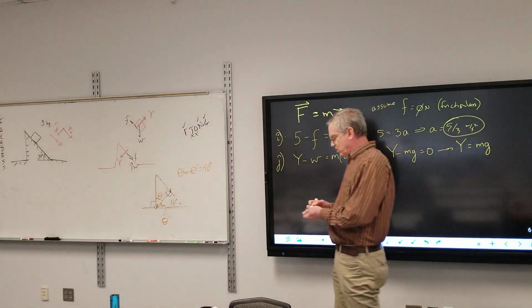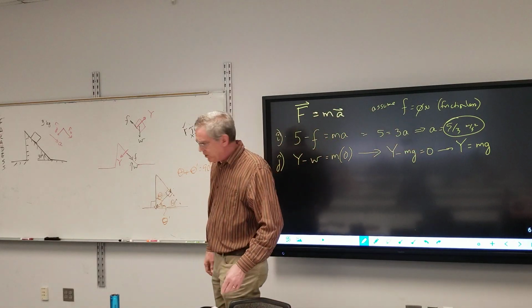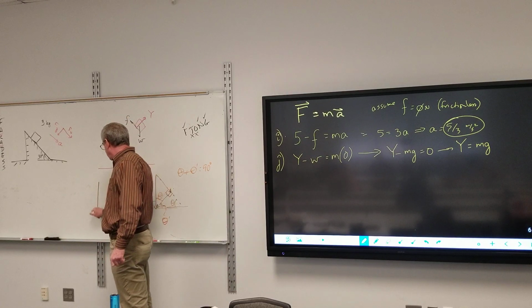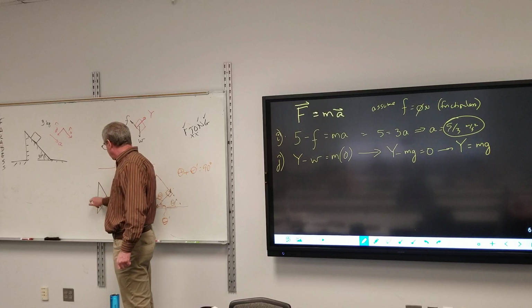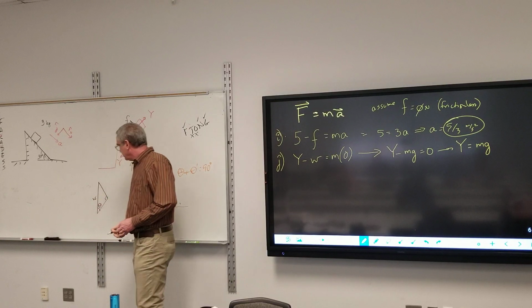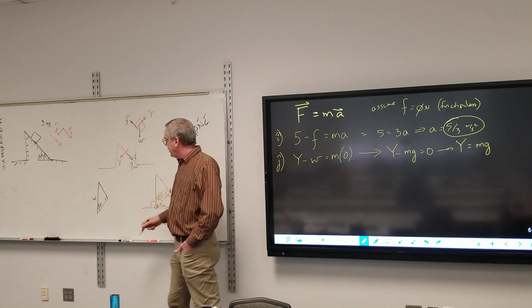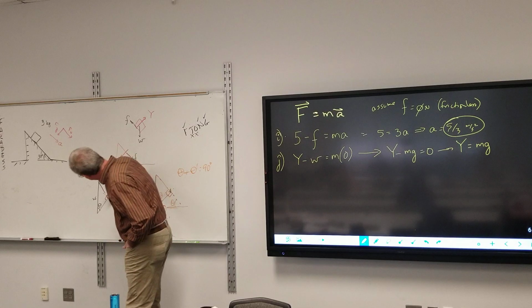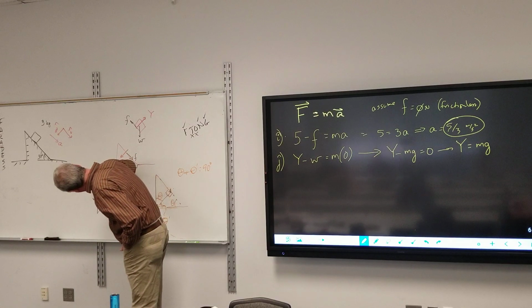So as I'm looking at this triangle, I now have a right triangle where I know one of the angles. That's my hypotenuse there. That is theta. And now I need to figure out the opposite side and the adjacent side. Now, apparently I can't draw.